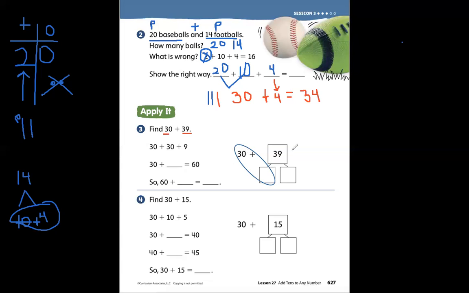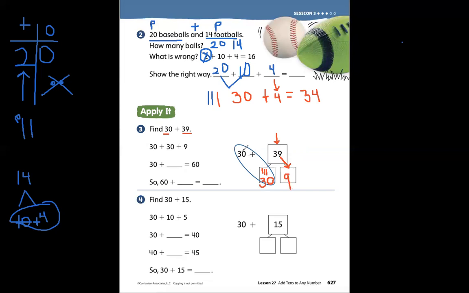So 30 plus 39, we can break the number 39 into expanded form. So there are 3 tens, which has a value of 1 ten, 2 tens, 3 tens, 10, 20, 30. It has a value of 30, and then we put the value of the ones place here, 30 plus 9.